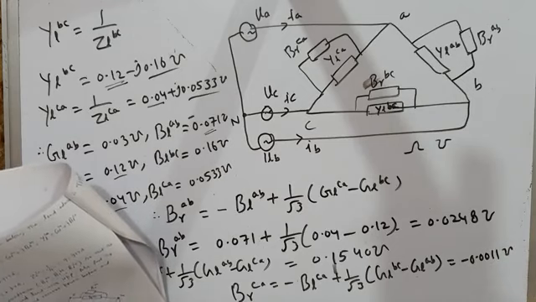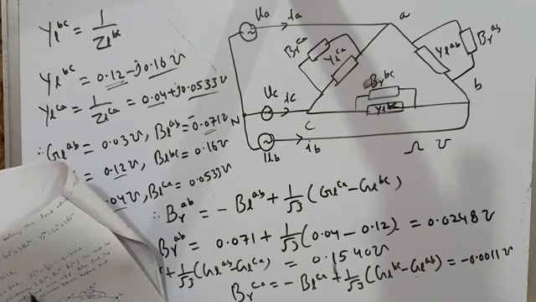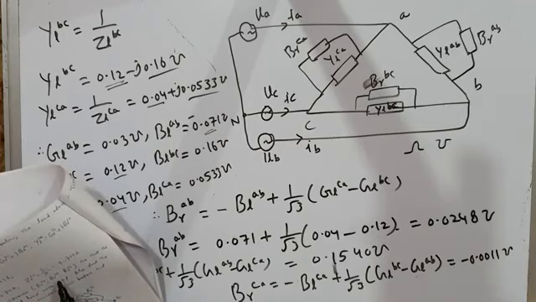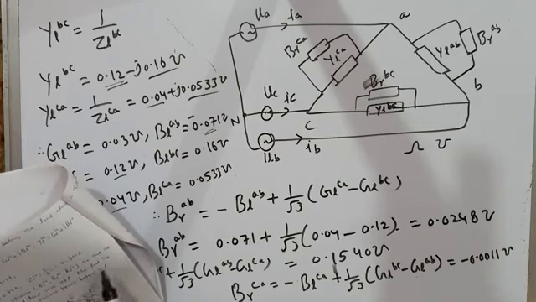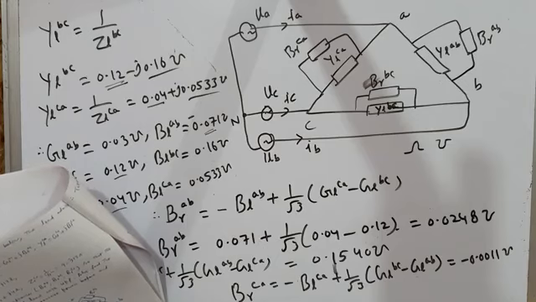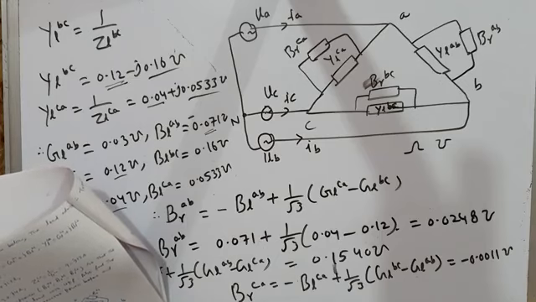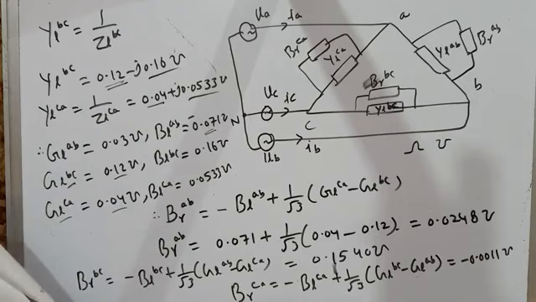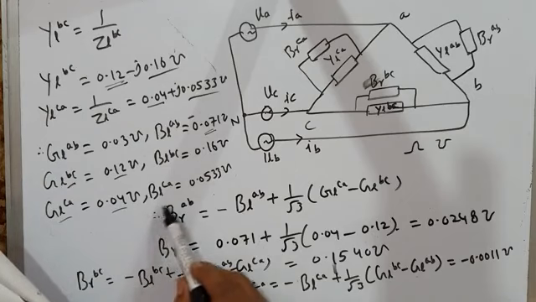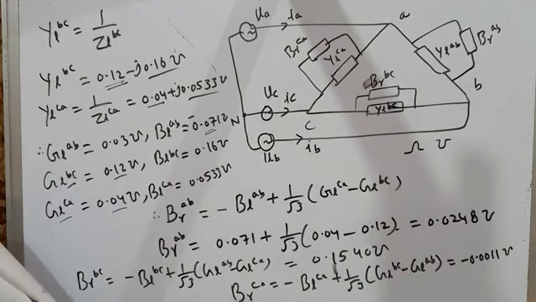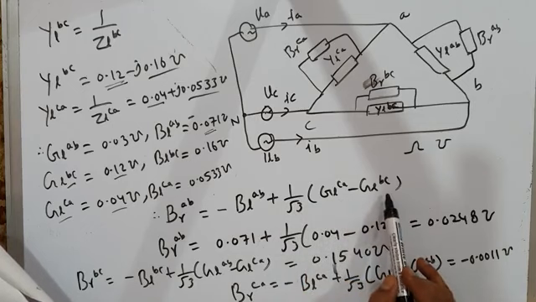In part 1, you were supposed to determine the compensator susceptances B gamma AB, B gamma BC and B gamma CA, so that the supply sees the load as balanced load with unity power factor. For balanced load with unity power factor, we have already derived these relations in the previous class. That is B gamma AB is equal to minus BLAB plus 1 by root 3 times GLCA minus GLBC.